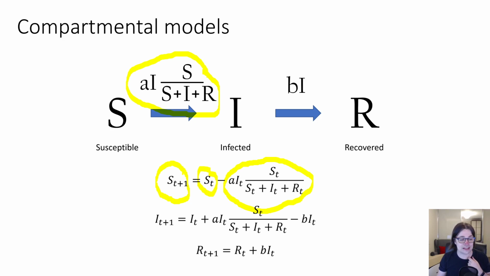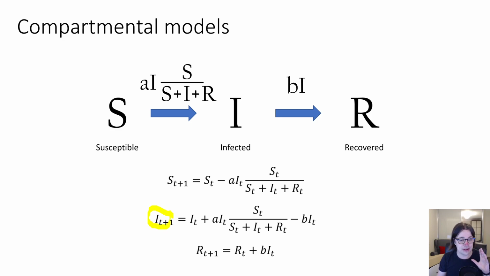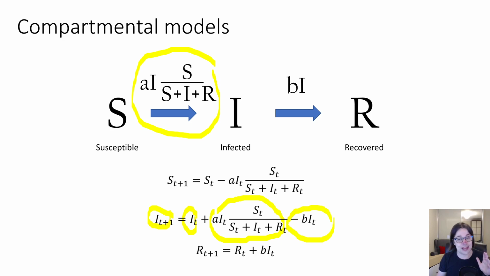When you look at the next step, the infected people in the next step are equal to the currently infected people plus the people who just came in from the susceptible group minus the people who've moved out of this infected group and into the recovered group.